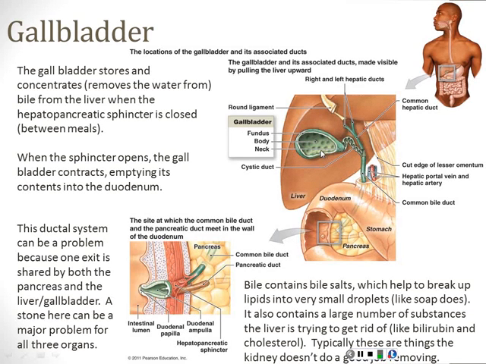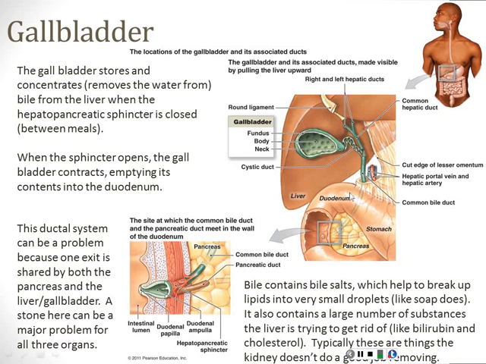Well, those crystals can end up getting stuck in this duct system. So, for example, if you had a gallstone or a gall crystal that got stuck right at this spot right here, you would have a major problem because now your bile duct is blocked and your pancreatic duct is blocked. And those things do happen.